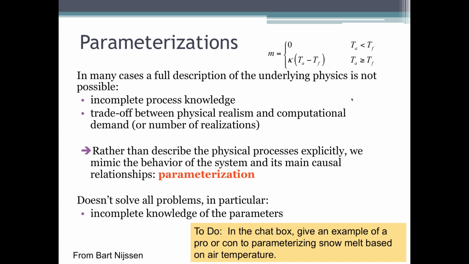So it ignores solar radiation and shading, definitely. It's a simplistic physical approximation. Con, it doesn't account for humidity. The pro is air temperature is a common measurement. Yeah, you can get a hold of that, or it's hard to get anything else.